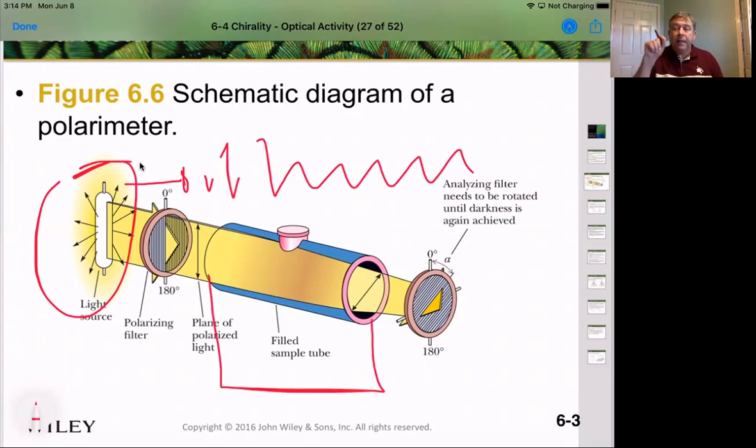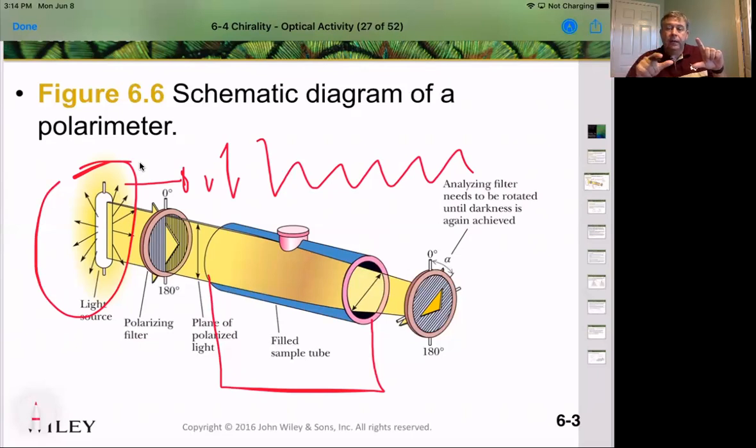Every time that light interacts with a molecule that is optically active, it's going to rotate that light a little bit, okay? And if we left our filter exactly where it was when it started, we wouldn't see the full intensity of light. Some of that light would have been rotated out of plane, and therefore it is being blocked.